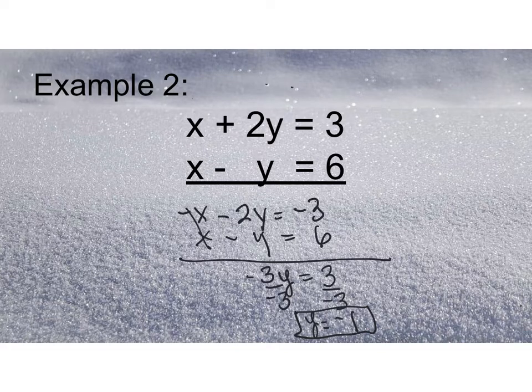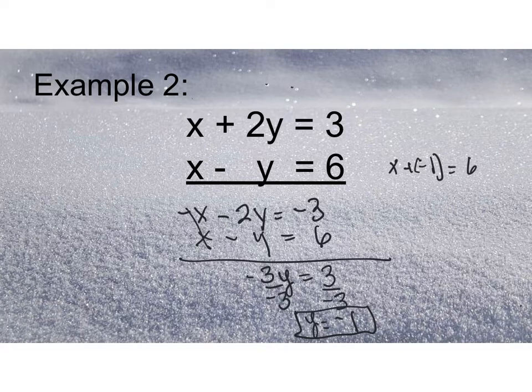So now that we know what our y will be, we can plug -1 in for y and solve for x. So I'm going to just go to the second equation just to remind ourselves what a negative times a negative will be. So if I take x minus a -1 is going to equal 6.